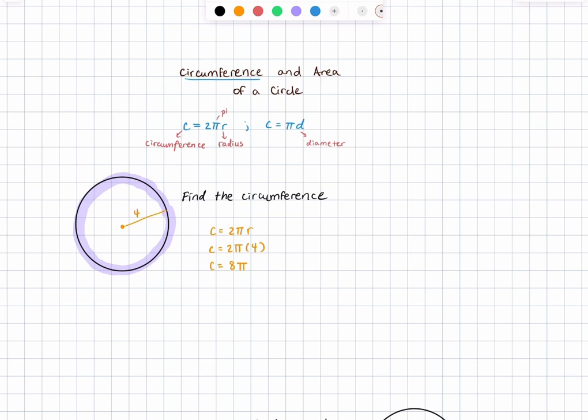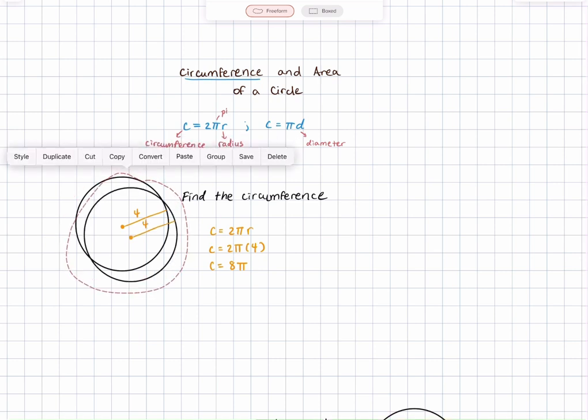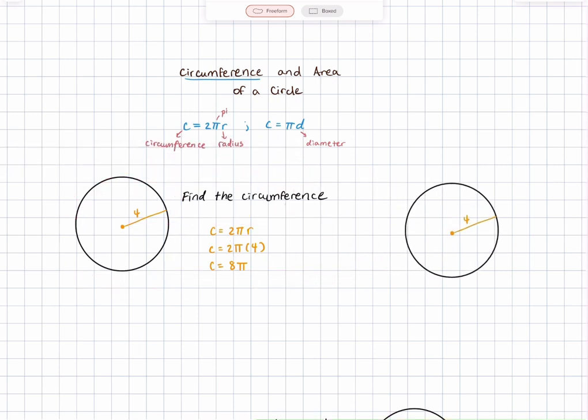Now, if I was given the diameter, then actually let me just create a duplicate of this. Let's say that this time I was given the diameter and it was 15.